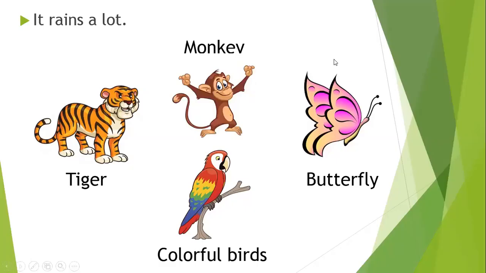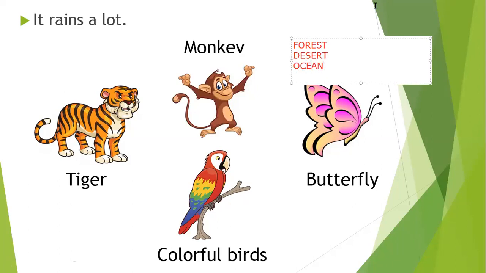Okay, well, that's all that we have. All right, remember that we had 4 different habitats. That is our new vocabulary. Okay, we had in the beginning, let's see here, forests. Okay, then we had the desert, we had the ocean, and now we have the jungle.